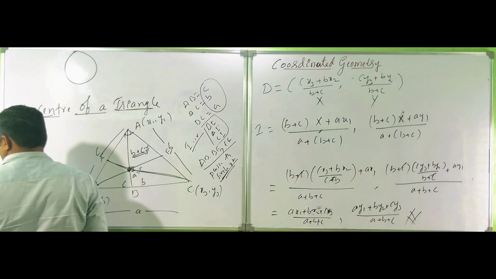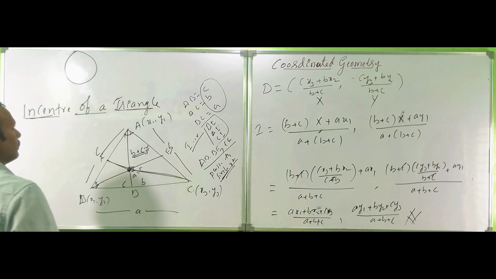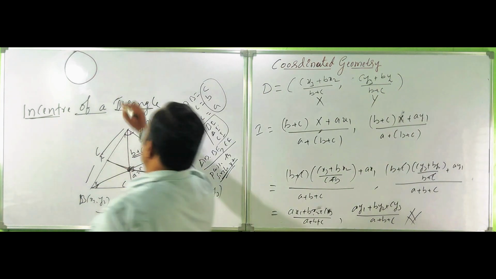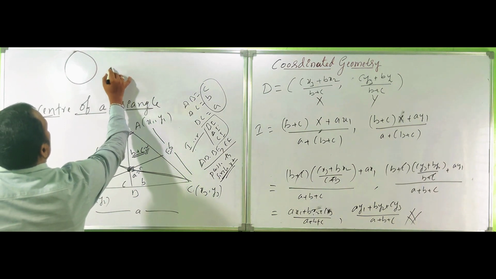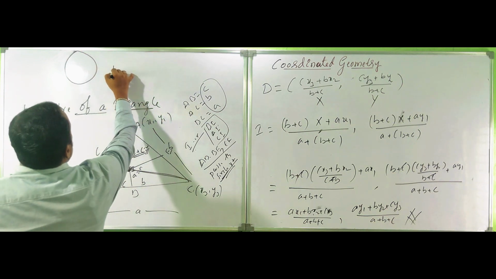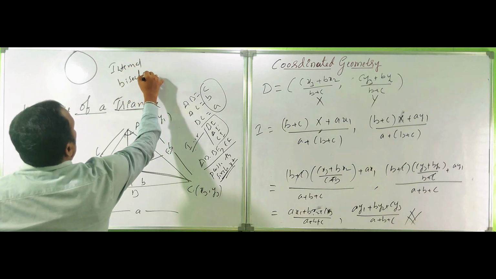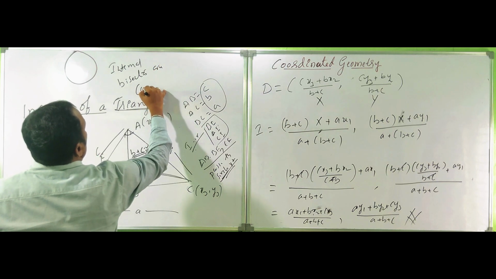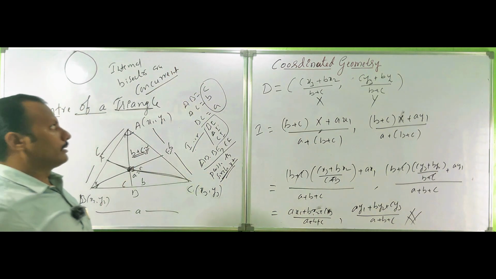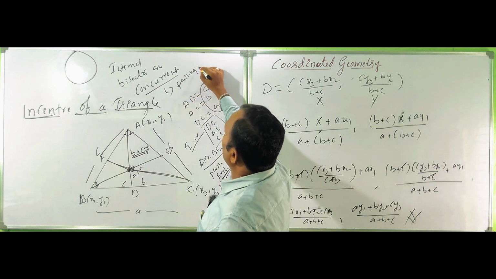The internal bisectors of the angles of a triangle are concurrent. Concurrent means passing through a single point or common point.